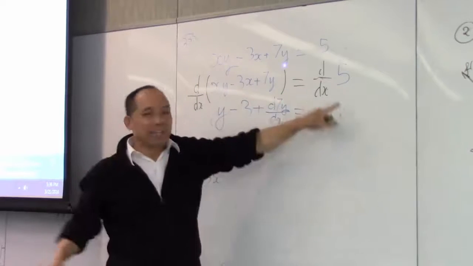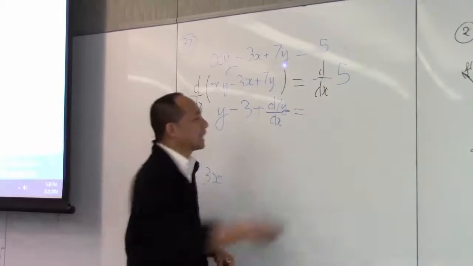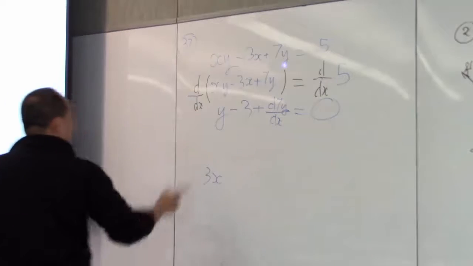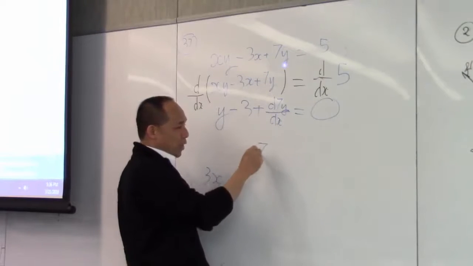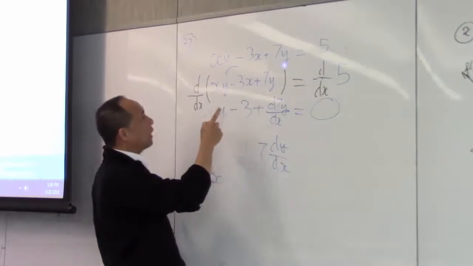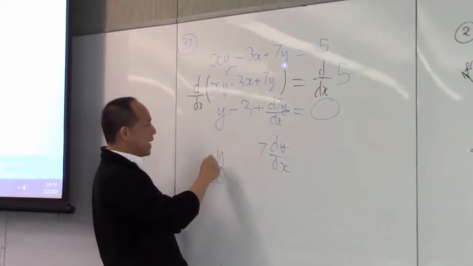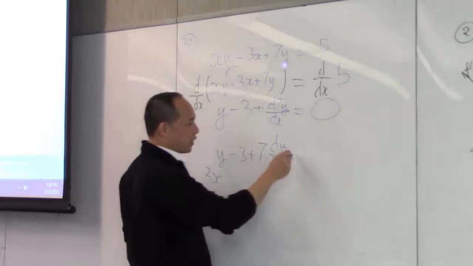And this is 0, because 5 is a constant and its derivative is 0. The number 7 you can move out, so you have 7 dy over dx. And what is this? y minus 3 plus 7 dy over dx equals 0.